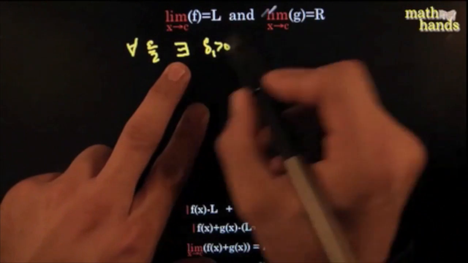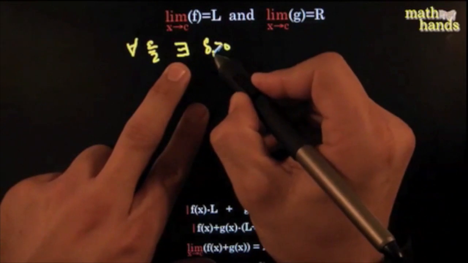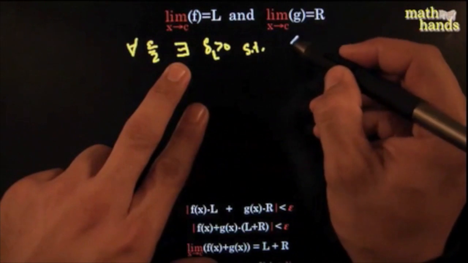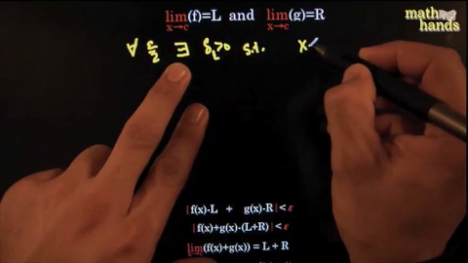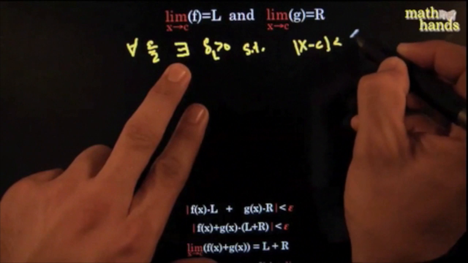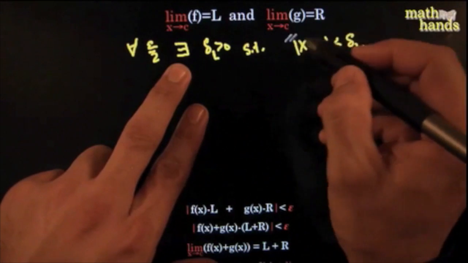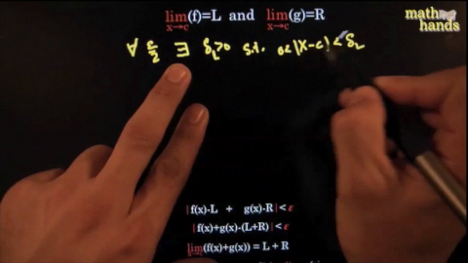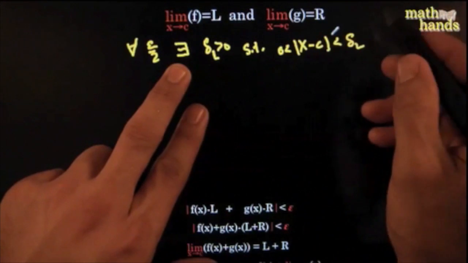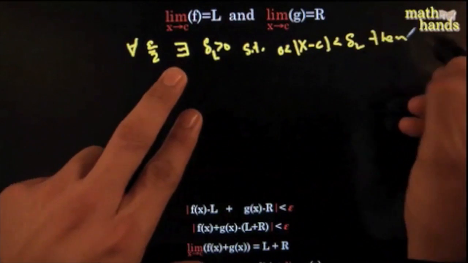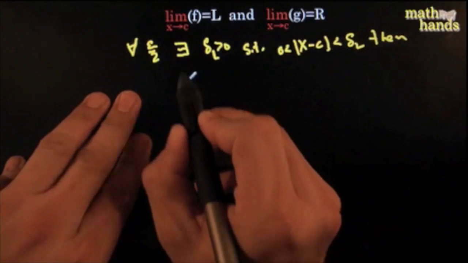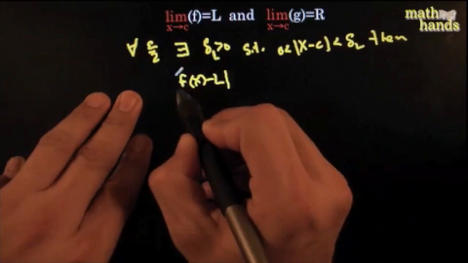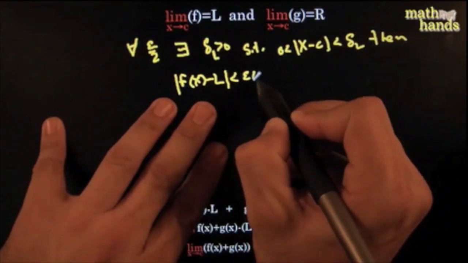I'll call this delta for L, such that if the distance from x to c is less than delta for L and not equal to c, then the distance from f of x to L is less than epsilon over 2.